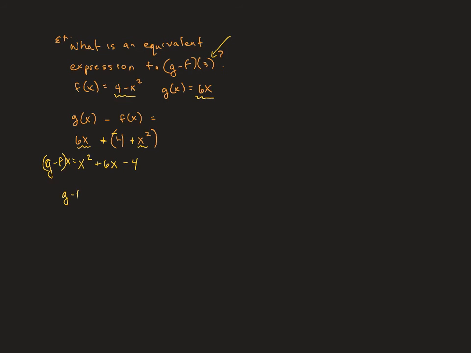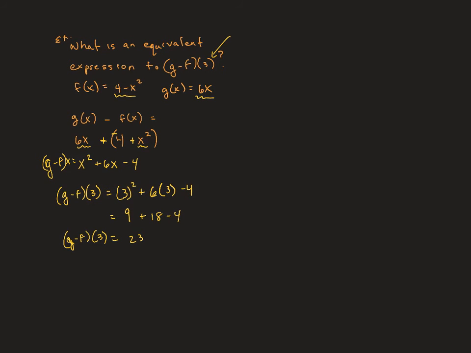So g minus f of 3 is going to be equal to 3 squared plus 6 times 3 minus 4. That's going to be 9 plus 18 minus 4, which is going to give me 27 minus 4, which is going to be 23. So g minus f of 3 is equal to 23.